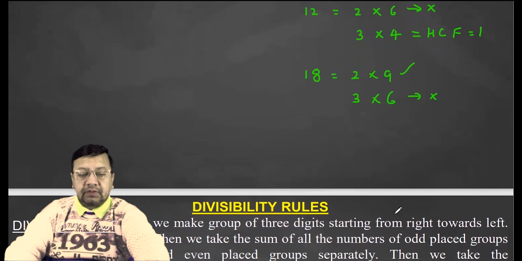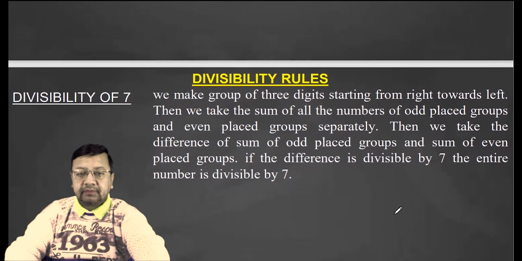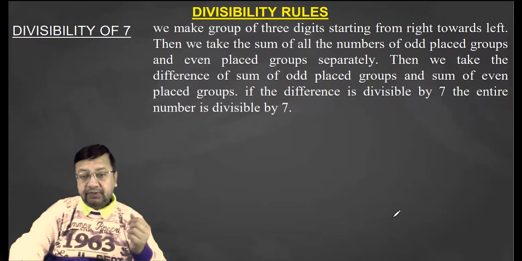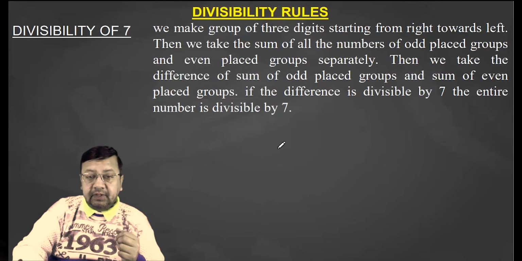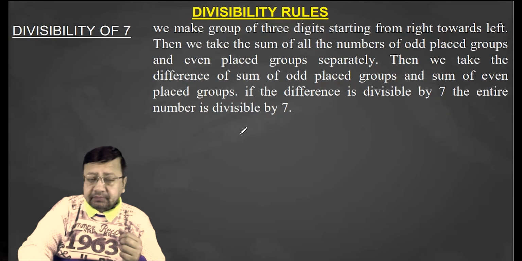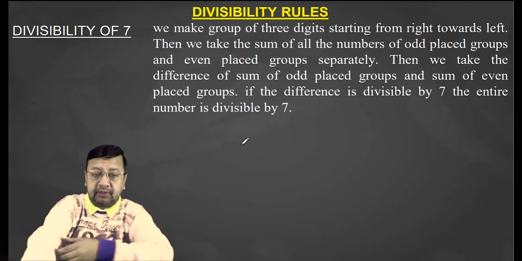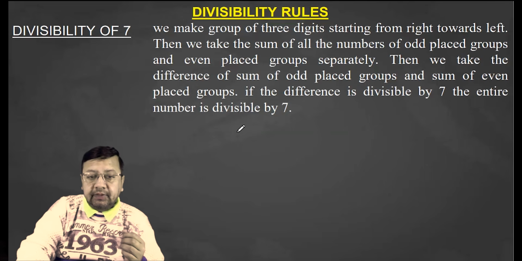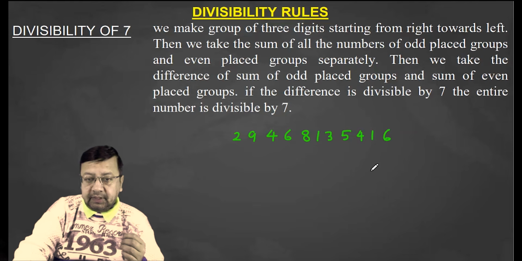Now the next number, the 7, right? So for 7, how to check? Suppose there is some number, I just take an example, say 2946813541 6, something like this.